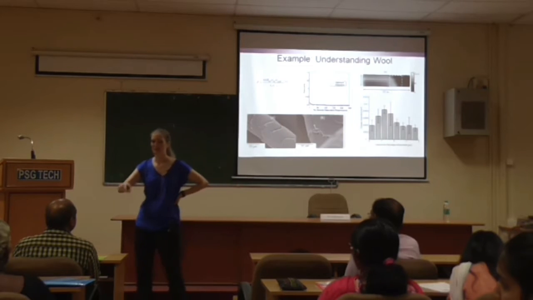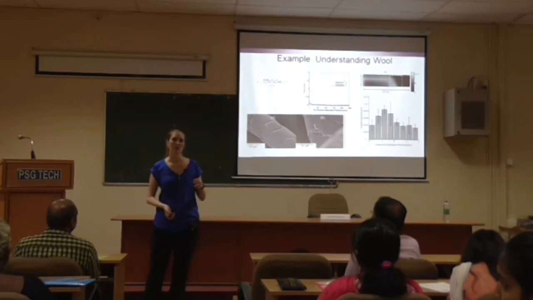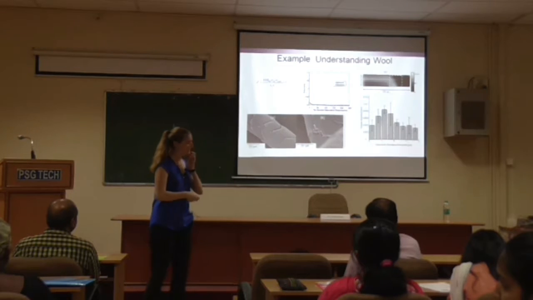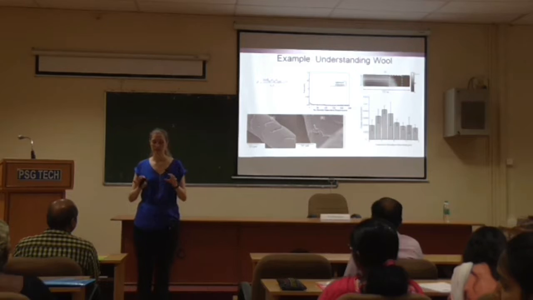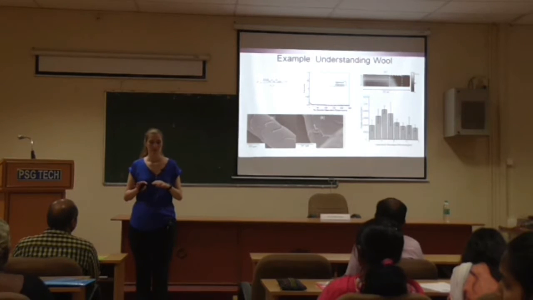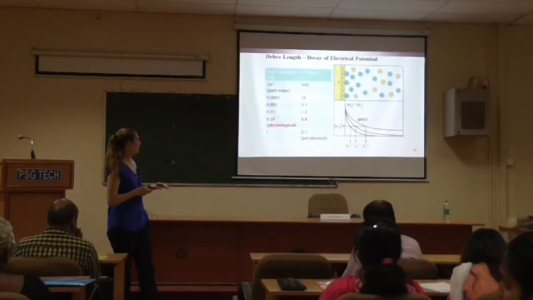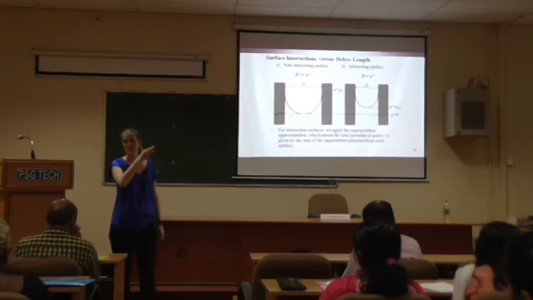I'll start with the last one first. Actually, I was going to show the data that would have helped. Maybe I'll bring it tomorrow. One thing to keep in mind is surfaces aren't just one surface.